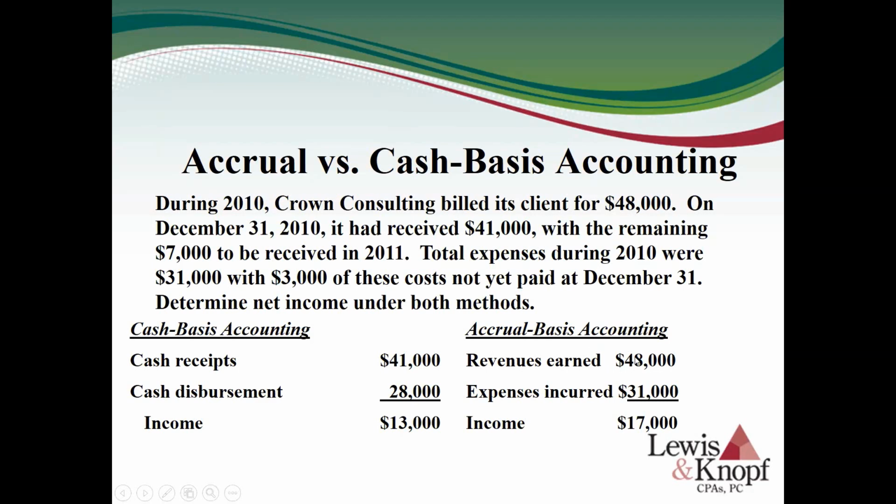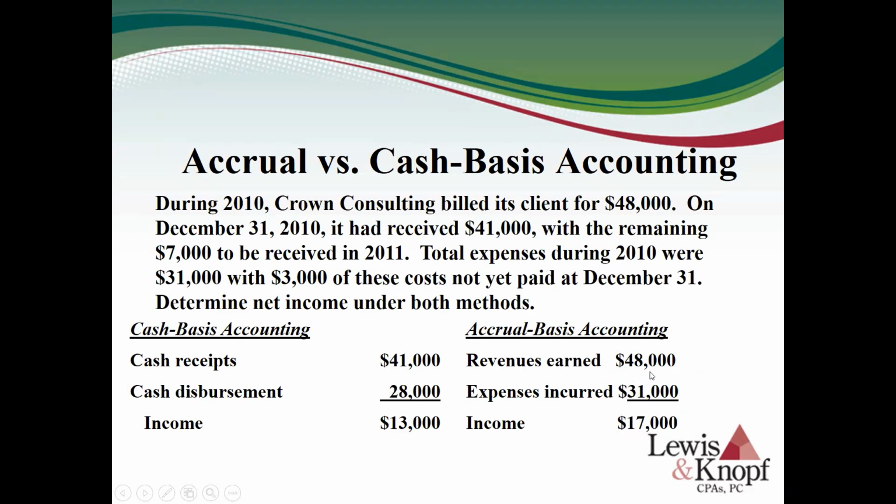But with accrual basis, the revenue was 48,000. Now, for them, they will recognize the expenses incurred, even though not all of the 31,000 has been paid. They recognize it because these are expenses that they have already incurred.